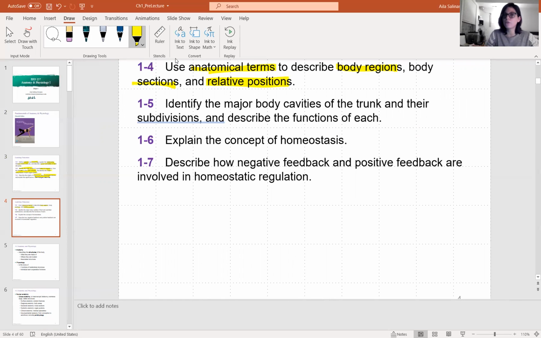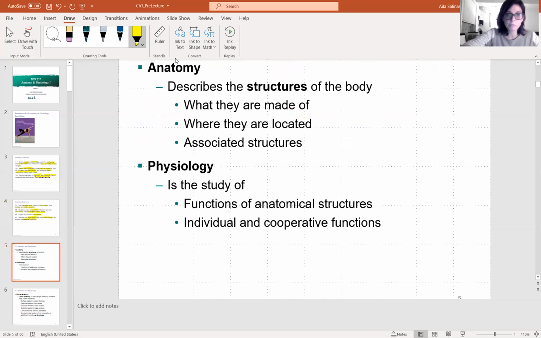We will identify the major body cavities of the trunk and the subdivisions, each of the quadrants, and describe briefly the functions of each of them. We are going to talk today about a very important concept in biology, that is homeostasis. And also, we will get to understand a little bit more the negative feedback and positive feedbacks and how these mechanisms are involved in the homeostatic regulation.